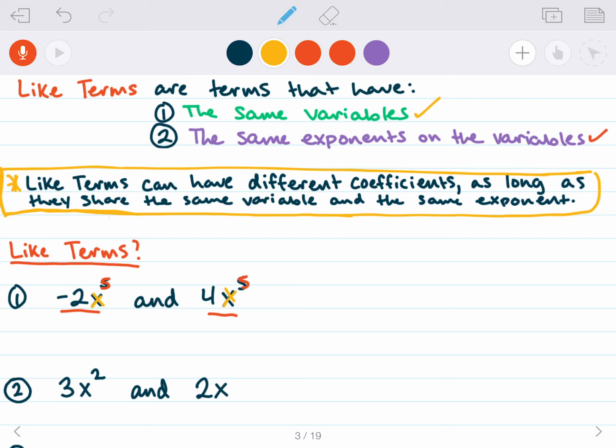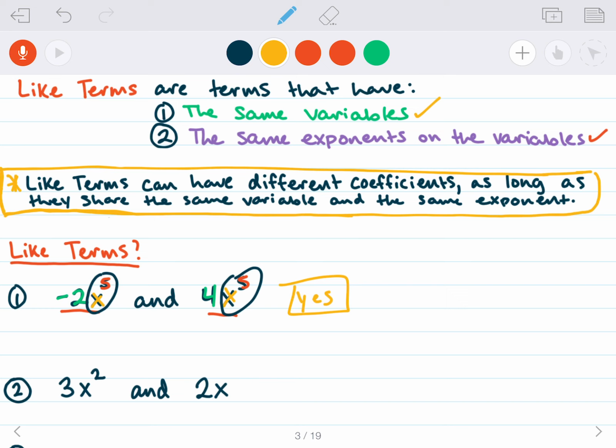And number 3 says you can have different coefficients, and actually we do have them right here. We have a negative 2 on this term and a 4 on this term. The coefficients don't matter. The only thing that matters is the variable, and the exponent on the variables has to be the same. So, with that being said, yes, these are like terms. We have the same variable x, the same exponent 5.